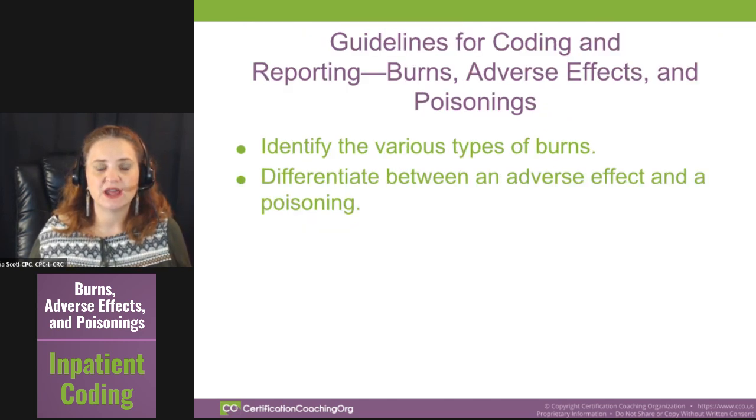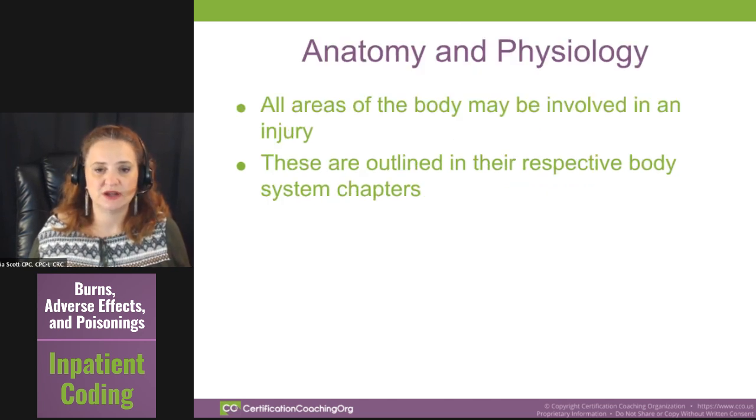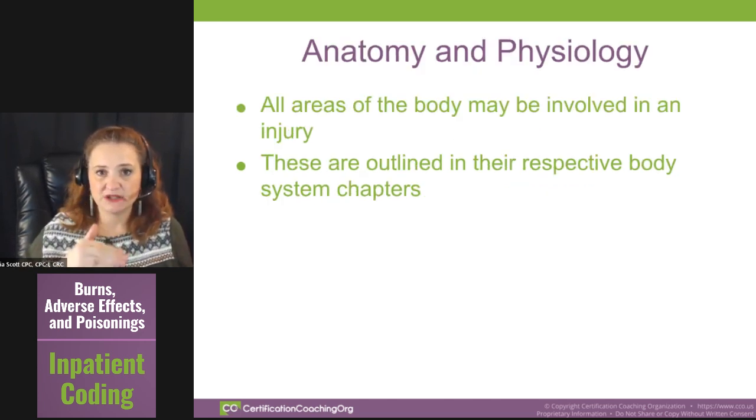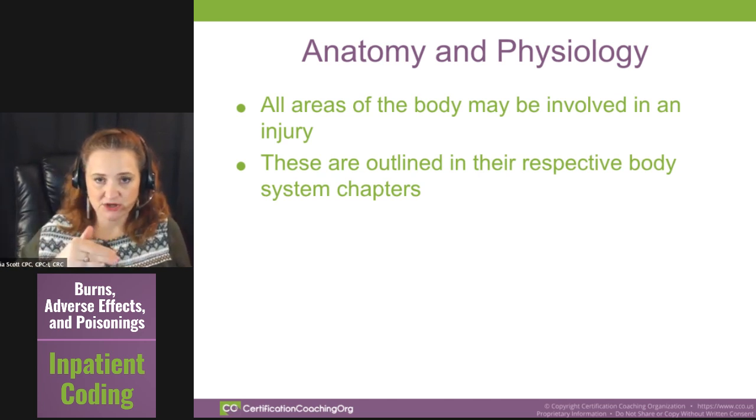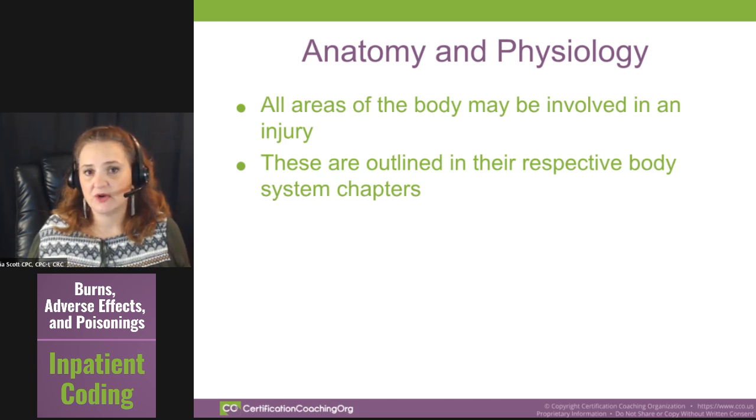Now we're going to look at the various types of burns and adverse effects and coding. And some of this is going to be just a little bit redundant. We're going to talk again about some of the things that we already mentioned, but the anatomy and physiology of it. You can have injuries all over the body, of course, so the entire body can be involved in injuries, right?